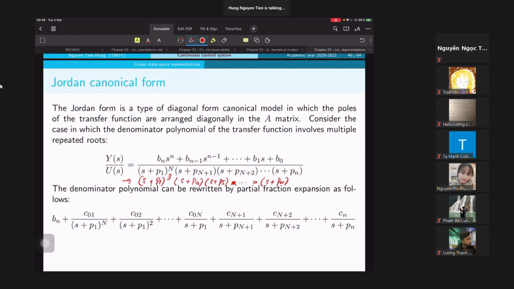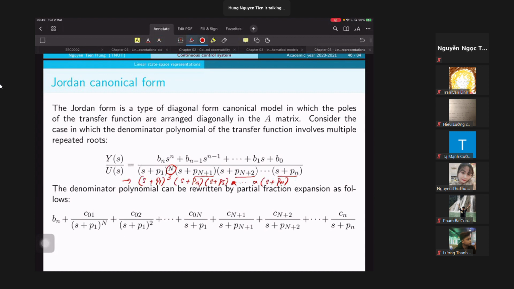Okay, so for generalization of this problem, I assume that we have identical solutions, and the number of identical solutions is n. For example, like this: (S plus P1) to the power n, and then S plus Pn plus 1, S plus Pn plus 2, up to S plus Pn.